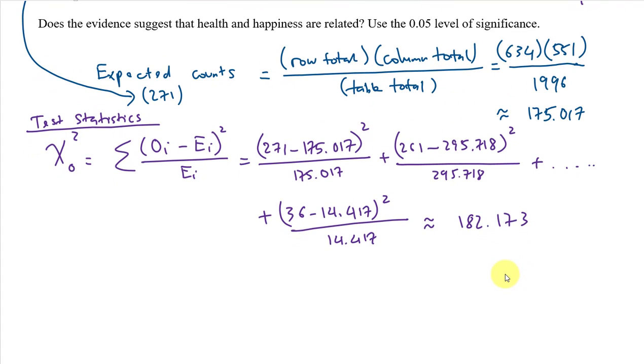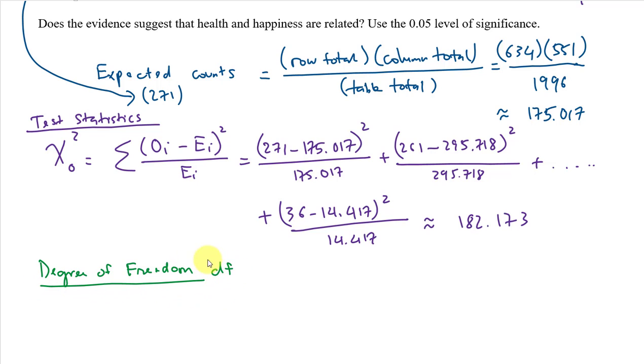After we get the test statistic, the next step is to find the degree of freedom, or DF.